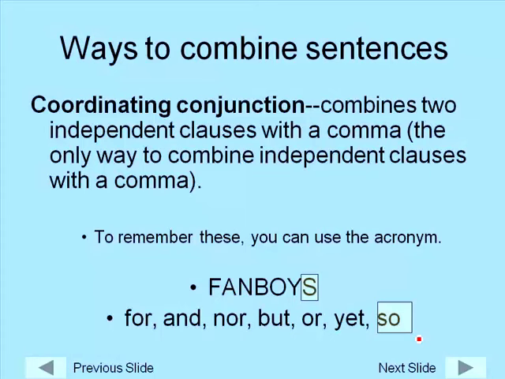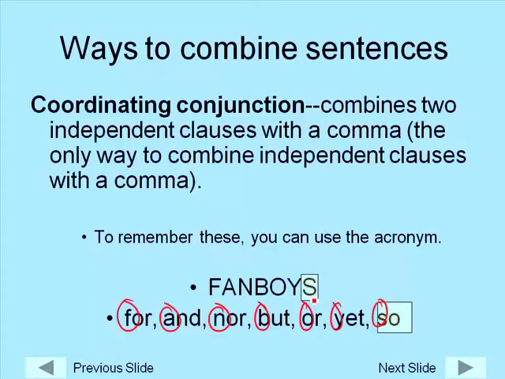The way that I remember these, I've stolen from other people, and lots of people have used this, is to use the mnemonic fanboys. If you take each of the first letters of for, and, nor, but, or, yet, so, they go together to make fanboys.